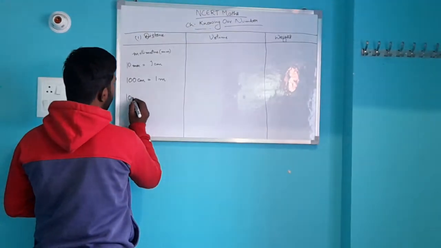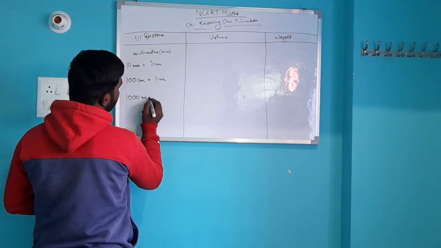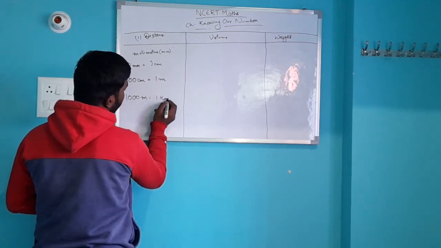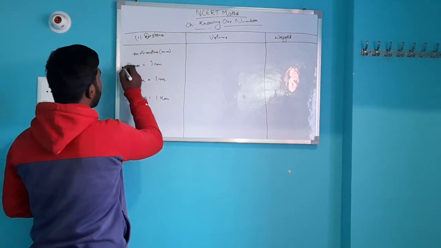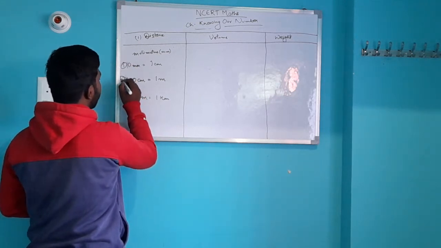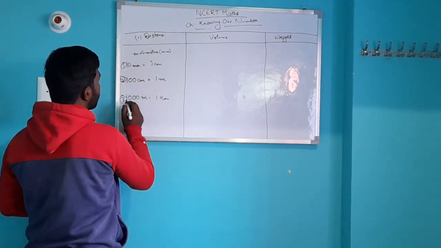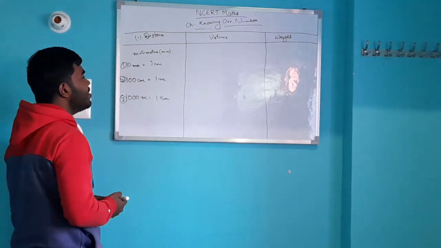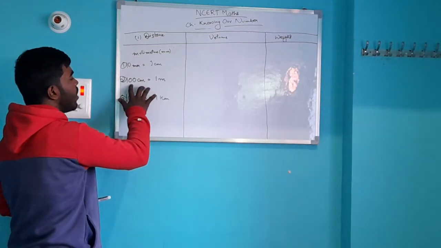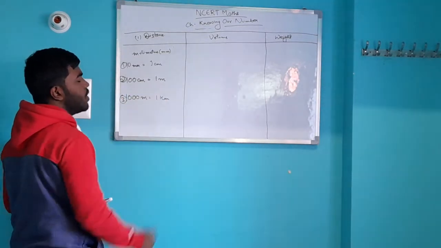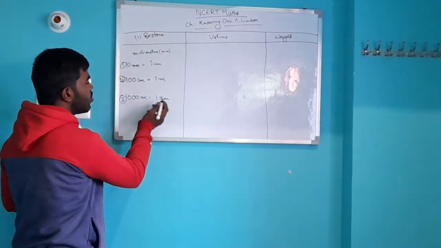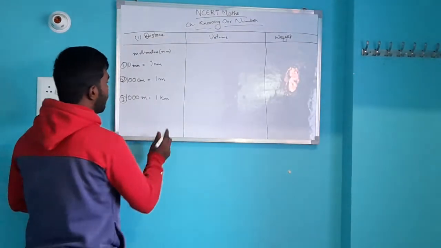And 1000 meters equals 1 kilometer. So we see the relation between all three: 10 millimeters equals 1 centimeter, 100 centimeters equals 1 meter, and 1000 meters equals 1 kilometer.